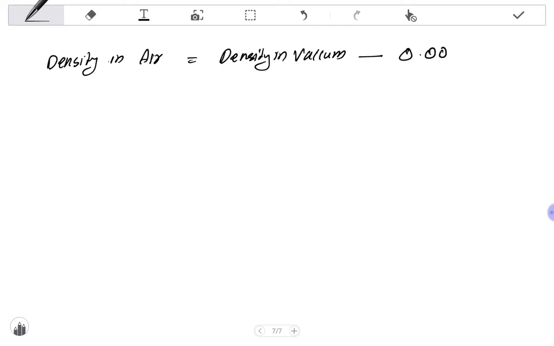So there is a formula: density in air is equal to density in vacuum minus 0.0011. I don't know why it is 0.0011, but it is a standard value. So if you subtract this value from the density in vacuum, you will get the density in air.